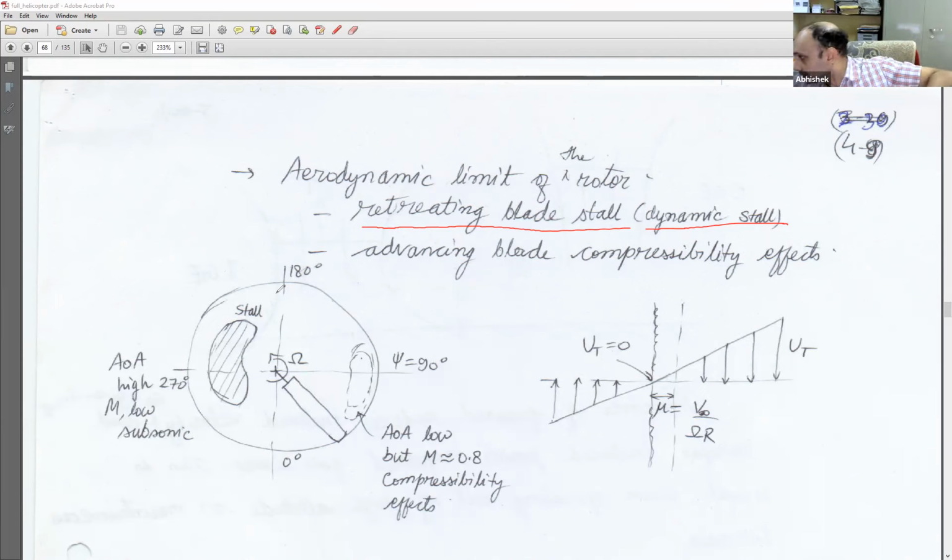So here is my helicopter. If I have to fly forward, my tip path plane has to tilt, so the blade in the front should go down and the blade in the back should go up.